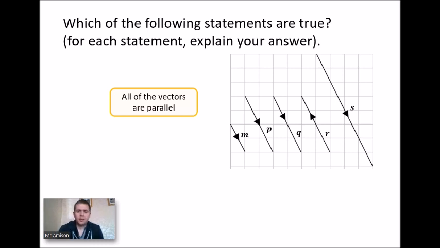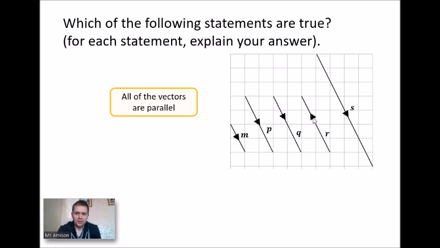Parallel is when two lines go in exactly the same direction, so that the lines, if you extend them in either direction, will never cross each other. And each of these lines, you can see, does exactly that. What makes a line parallel to another line is, because of the squares behind, this point to this point is one right, two down.